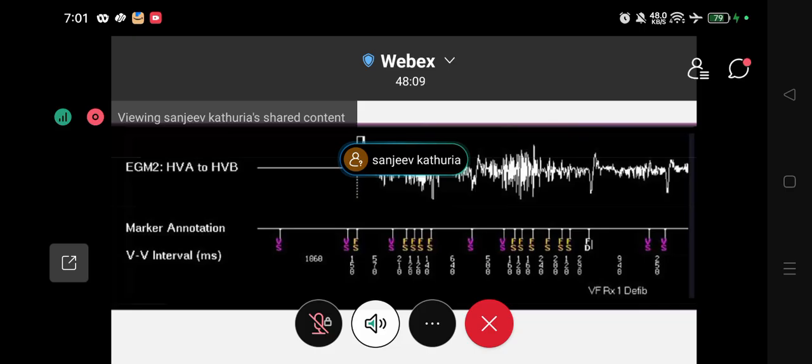If there is something in the far field, since it is between the tip and the can lying in your muscle, it may be myopotentials, EMIs, diaphragmatic potentials. So far field will show problems, while near field will show less. Here the machine has a very fascinating part. It will say the far field is showing but the near is not showing, let me recheck. This is an advancement of ICD.